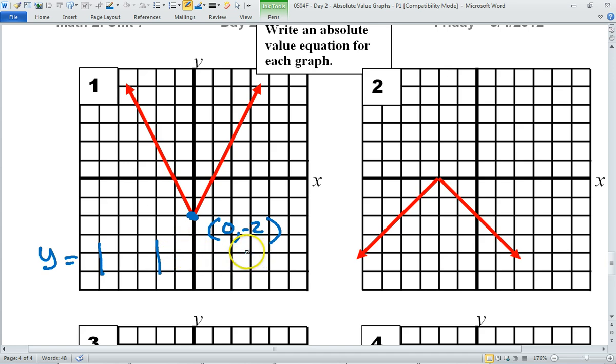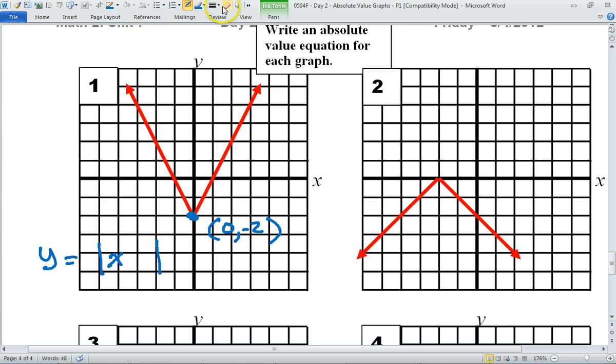Remember how we usually get the vertex from the equation? Okay. Because there's a 0 for that x value, there won't be anything to add or subtract on the inside. Remember, that x value comes from what's being added or subtracted on the inside.